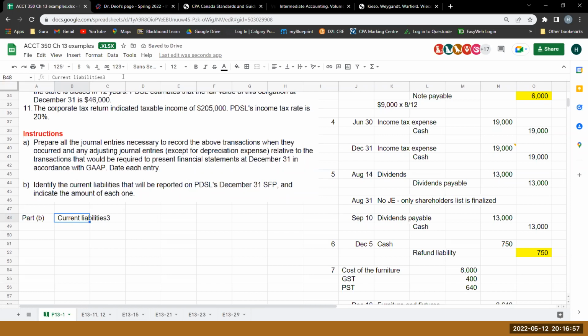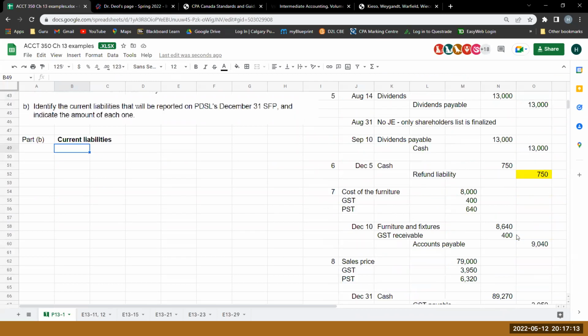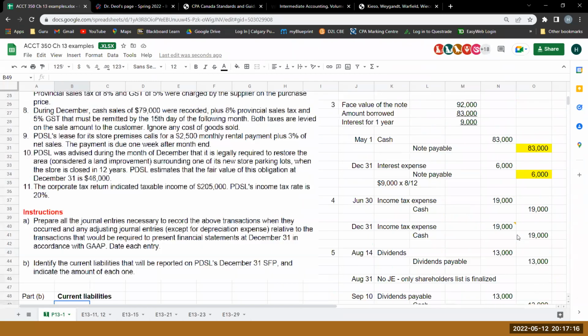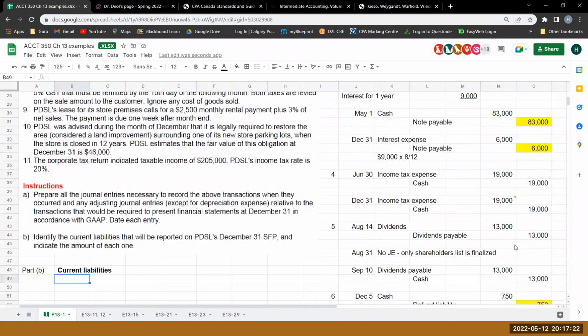the listing is going to include the accounts payable. Is it gone? Do I have an accounts payable?